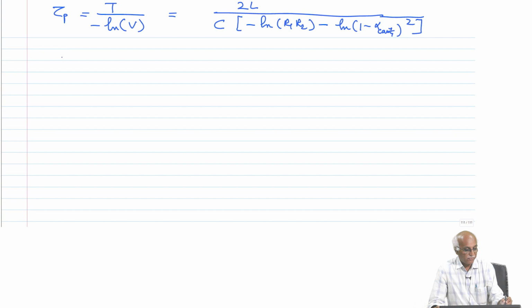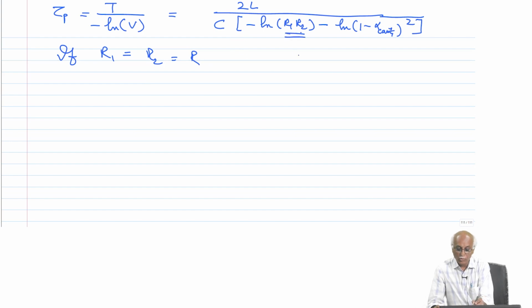Now let us say R1 equal to R2, which is R. Then I can express R1 R2 as R squared.